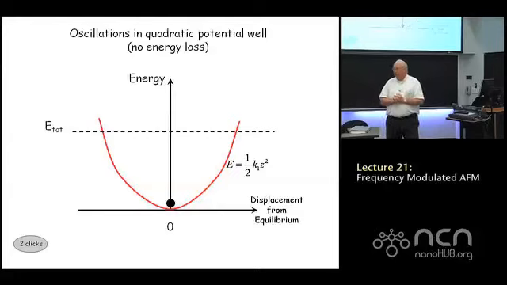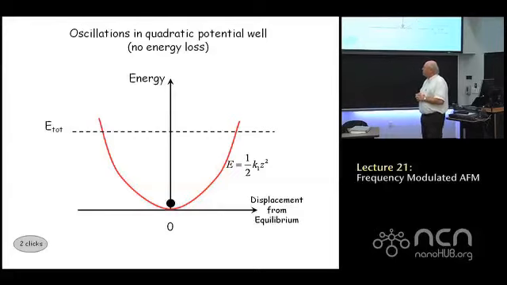And the simplest case is the case of a particle that oscillates in a harmonic well. A harmonic well is a well that's defined such that its potential energy increases as z squared, where z is the displacement of the particle from its equilibrium position. So if the particle is in equilibrium, let's say at z equal to 0, right, I can displace the particle, and in the process of displacing it, I'm storing some energy in the system.